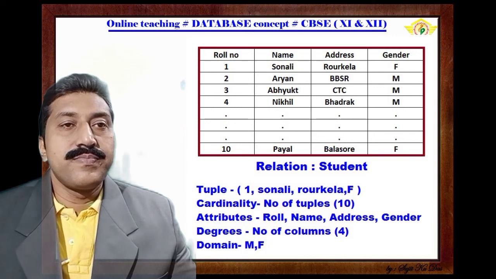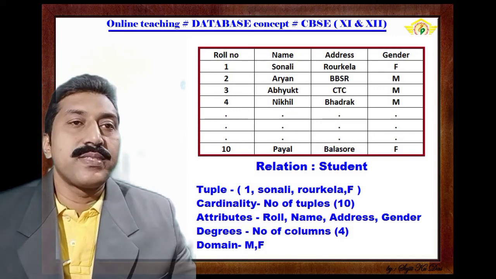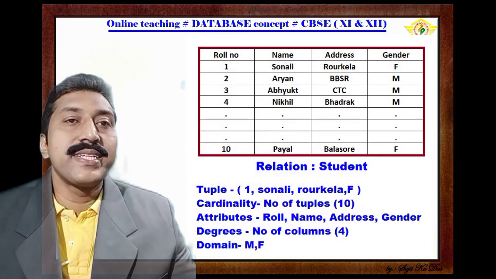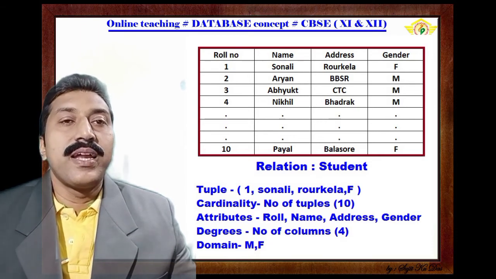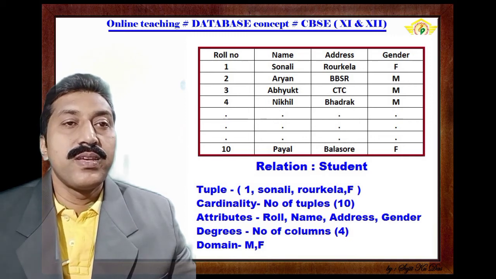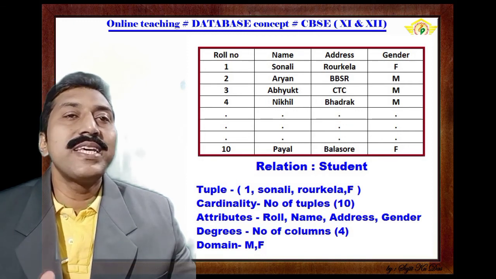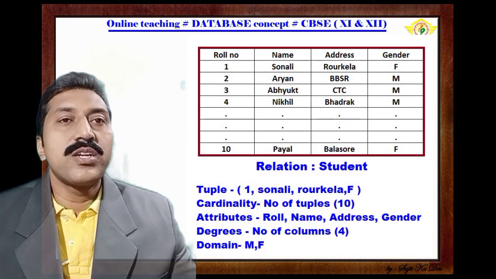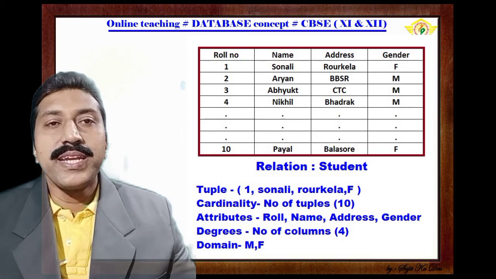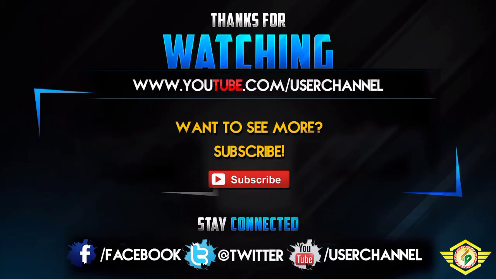Roll number, name, address and gender are the attribute names. The first tuple contains the values 1, Rinku Sharma, Tilak Nagar, F. The domain of the attribute gender is male and female. So these are some components or terms we are using, and by showing a table I have shown you. Okay. Thanks for watching and have a nice day.